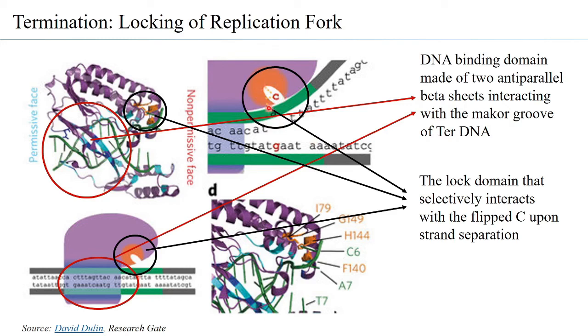The amino acids that form the pocket interact with the C, holding it. This interaction makes the Ter interaction with Tus stronger, and no further unwinding of the DNA happens beyond this point of the Ter.